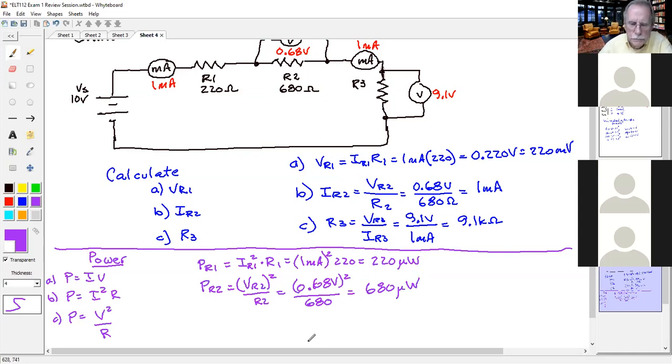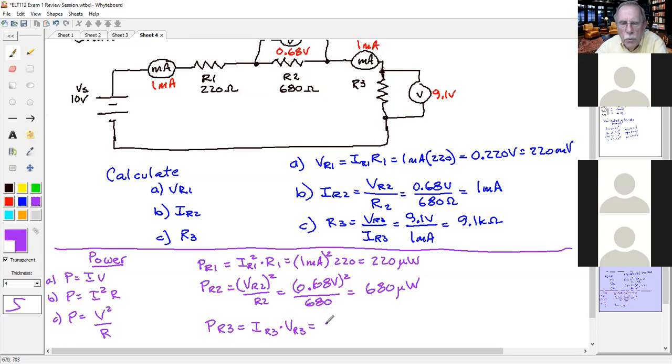microwatts. And if I was solving for P sub R3, then I'd use the I and the V that were given. So this would be I times V. So this is I sub R3 times V sub R3.